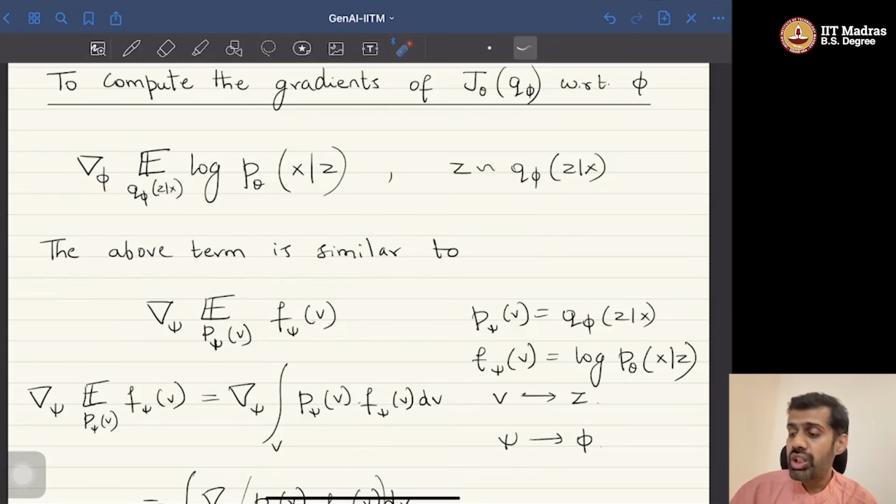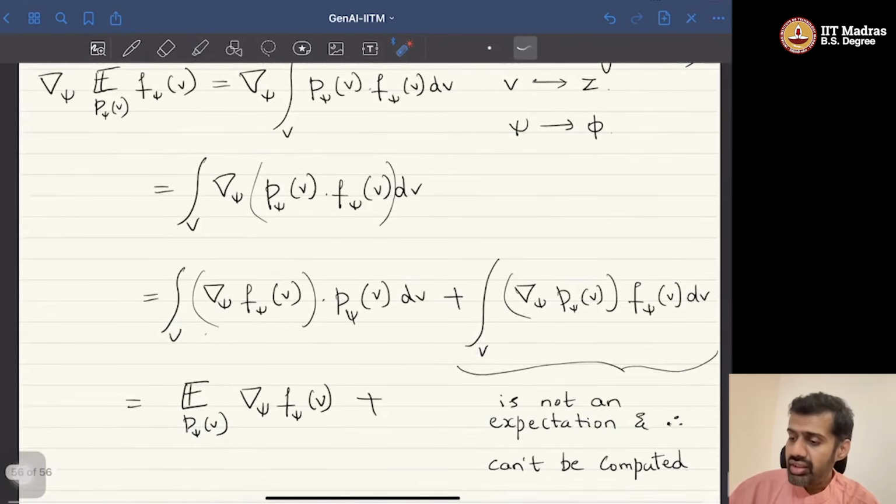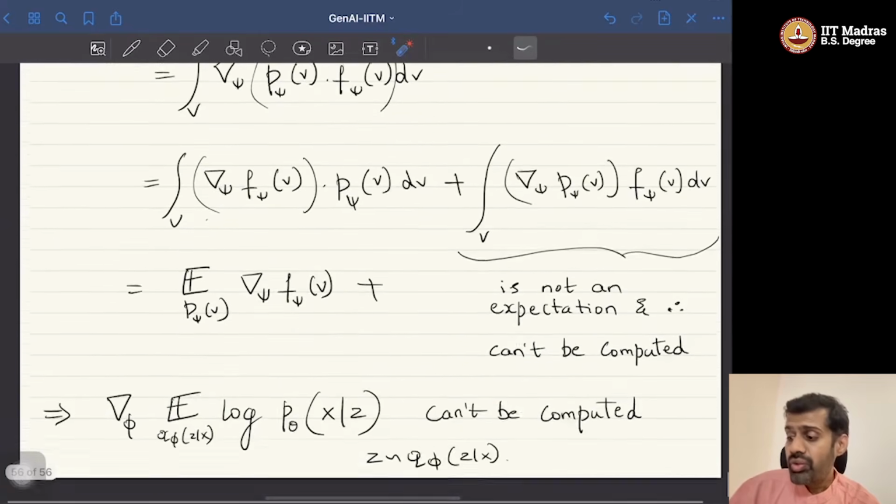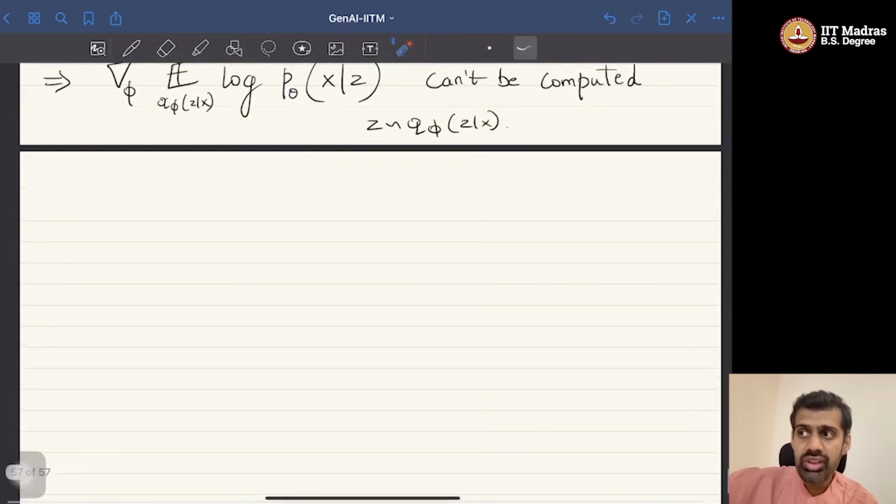Because z depends on q phi and you are seeking gradients with respect to phi, the gradient of this expression, with z coming from q phi of z given x, cannot be computed because of the existence of a non-differentiable sampling operation. So how do we solve this problem? If we do not, there is no way of finding the gradients of the encoder parameters with respect to the ELBO.